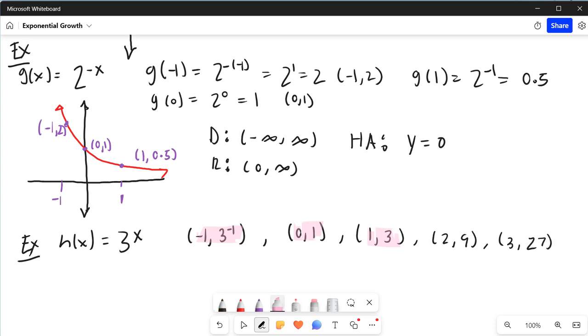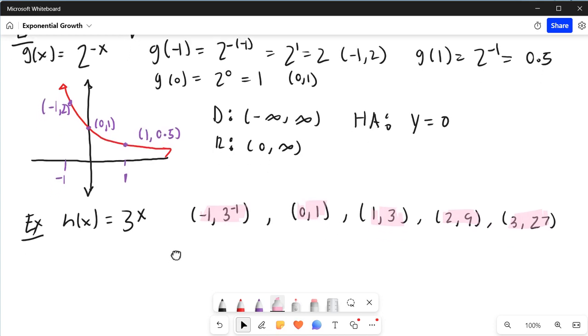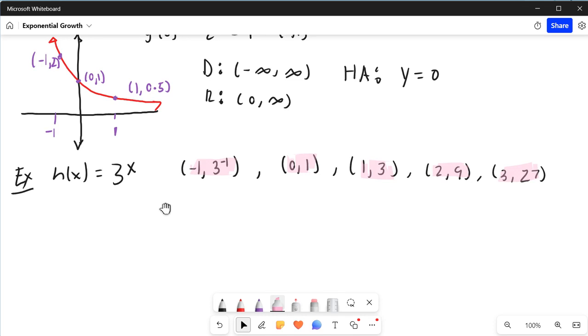Similarly, if you plug in -2, that's 3 to the -2, which is 1 over 9. But in either case, does really anything change with respect to the graph? And the answer is actually no. The only difference is the factor by which it's increasing, which in this case is a factor of 3.